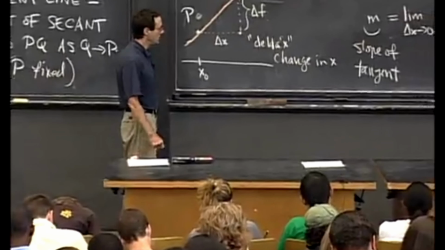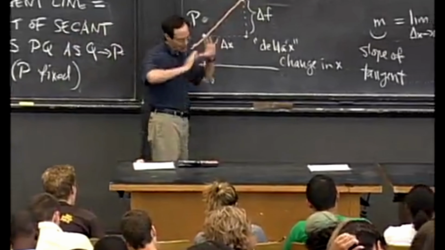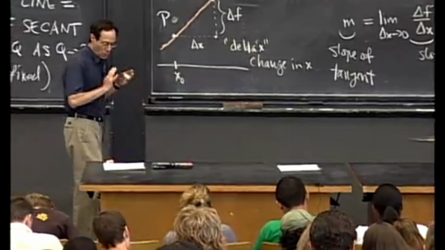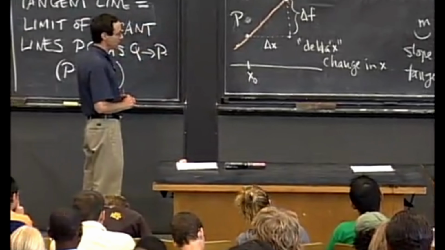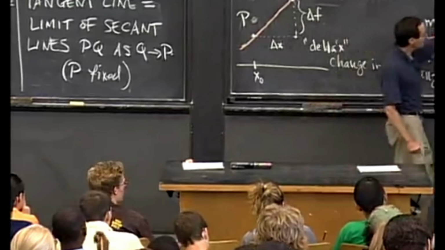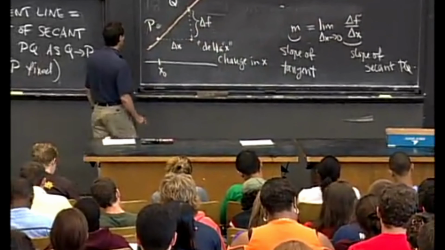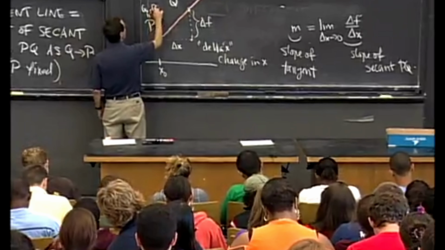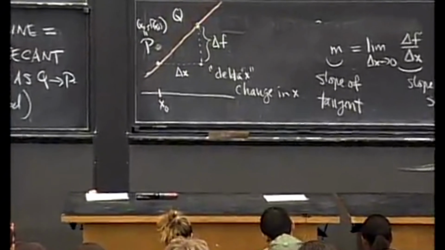Okay, now this is still a little general, and I want to work out a more usable form here. I want to work out a better formula for this. In order to do that, I'm going to write delta f, the numerator, more explicitly, the change in f. So remember that the point P is the point x0, f of x0. That's what we got from our formula for the point.